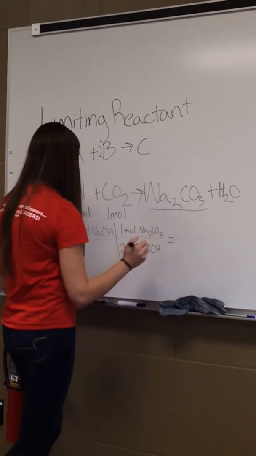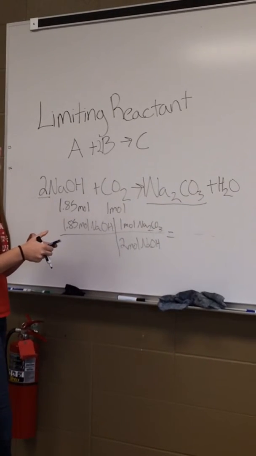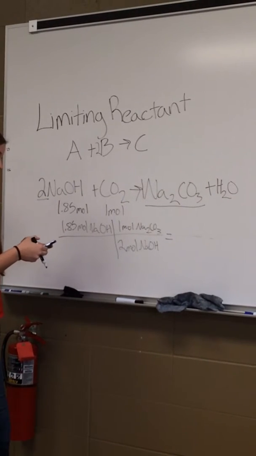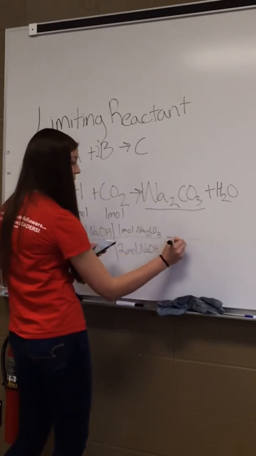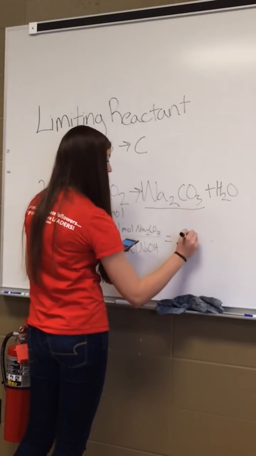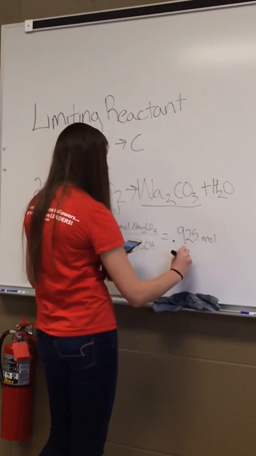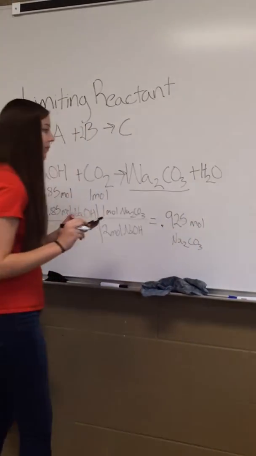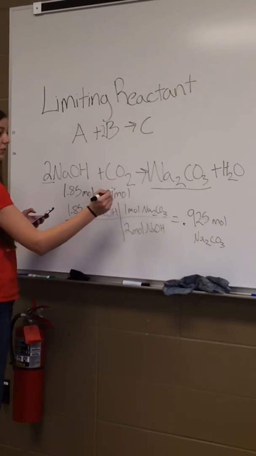And then you just type it in to find the number of moles of Na2CO3 you can produce. And in this case, we can produce 0.925 mole of Na2CO3.